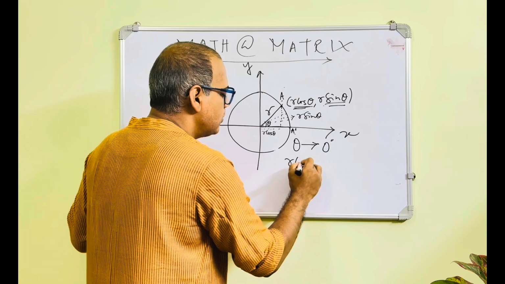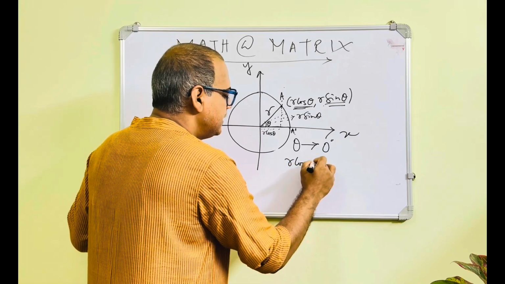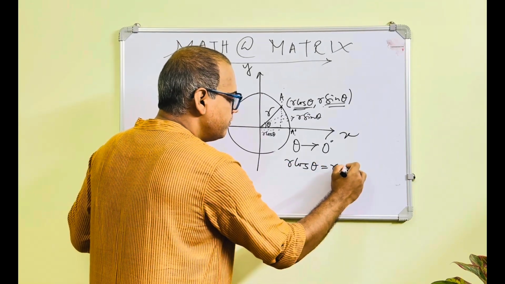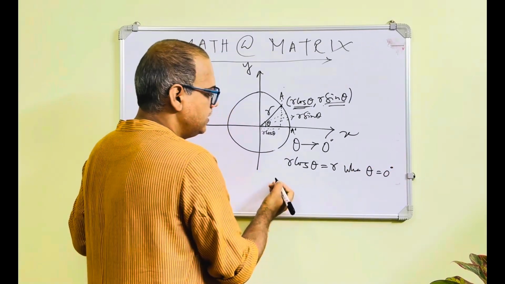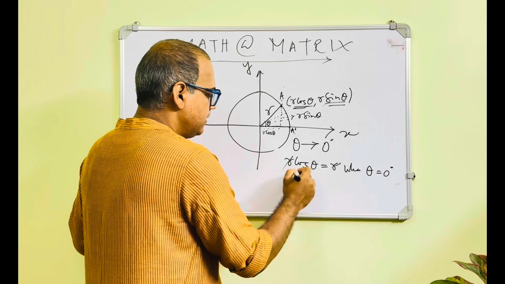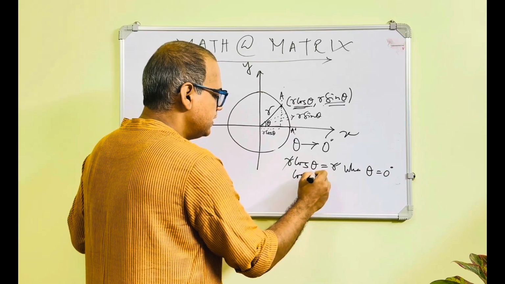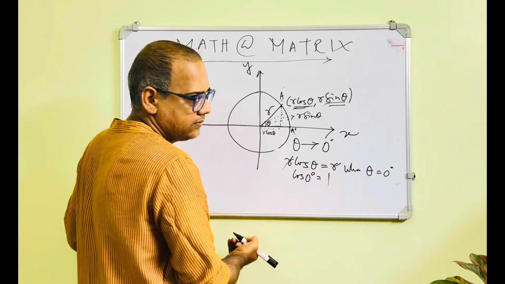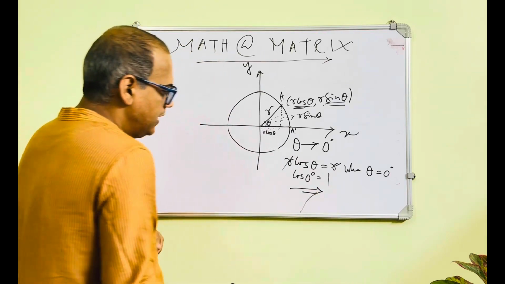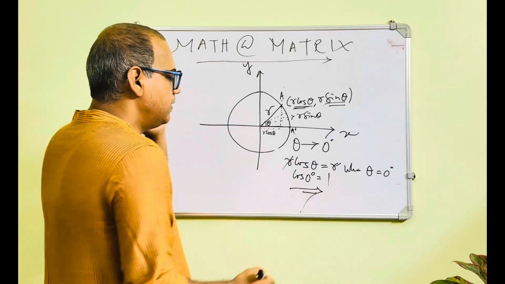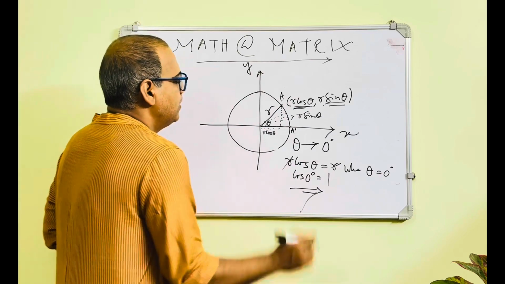So r cos theta becomes r when theta equals 0 degree. So simply cos of 0 degree equals 1. Hence true.